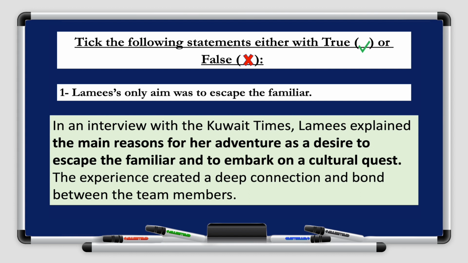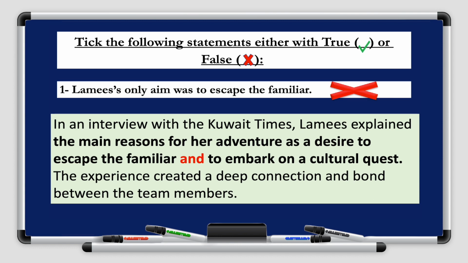So her aim wasn't only to escape the familiar. There were two things. So the answer for this statement is false, because her aim was to escape the familiar and to embark on a cultural quest. The answer is in front of your eyes.